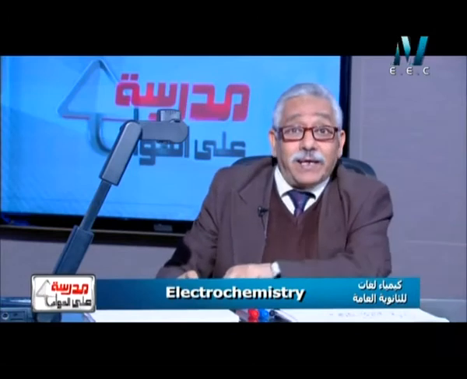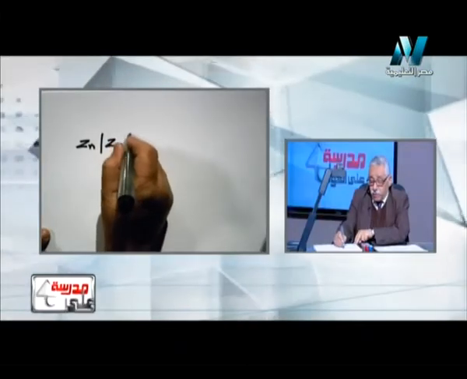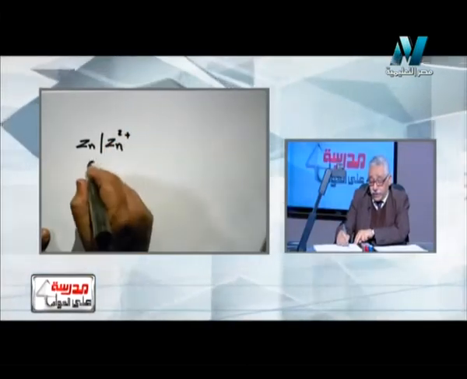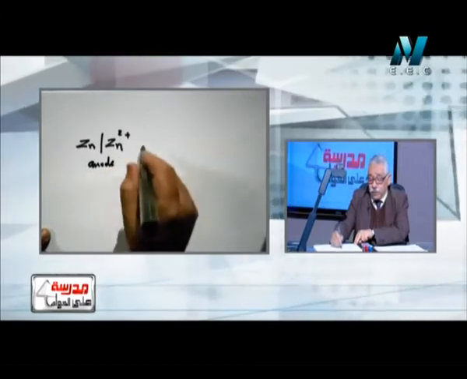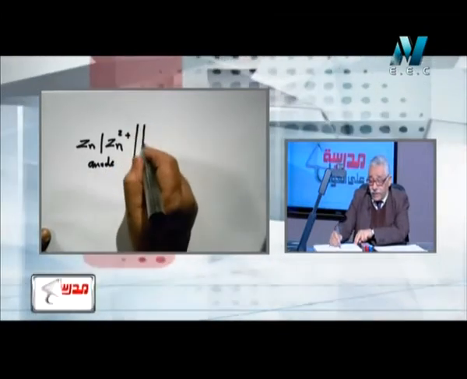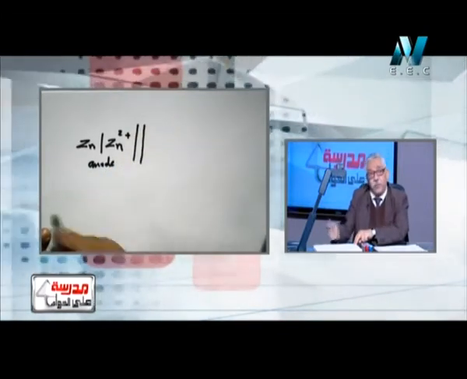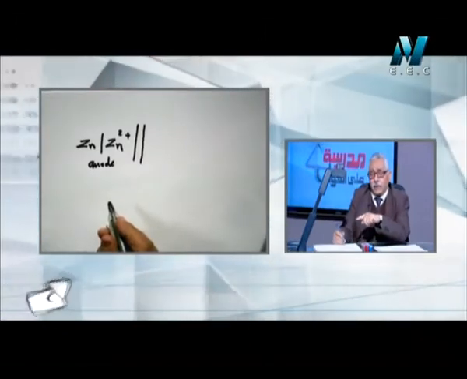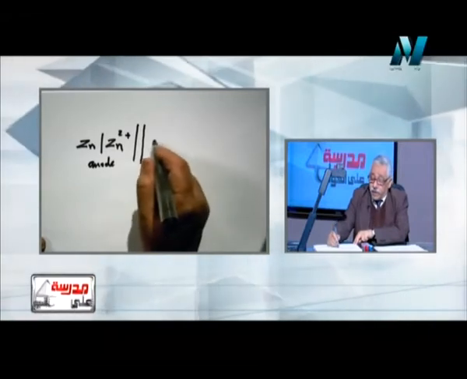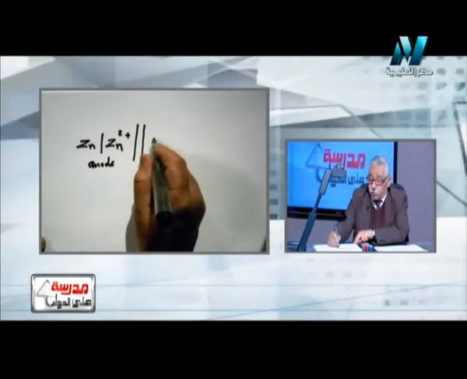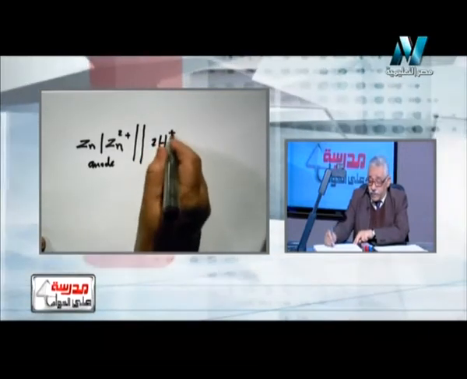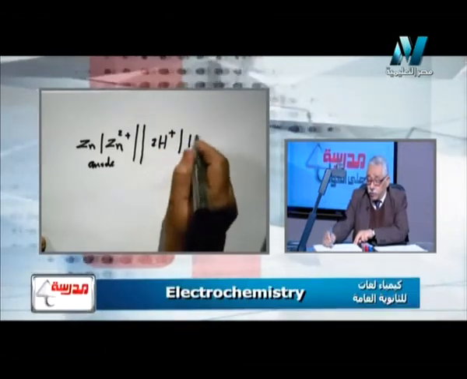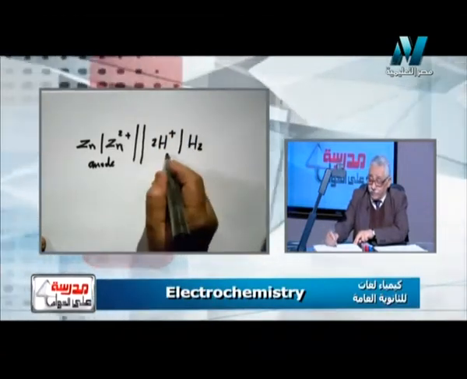So in the cell diagram, zinc will be converted into Zn2+. This is the anode, and oxidation occurs. This represents the difference between the two half cells, the galvanic cell, with the salt bridge. And here, for hydrogen, 2H+ is converted into H2 gas.